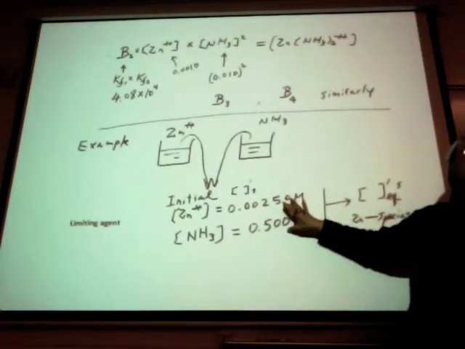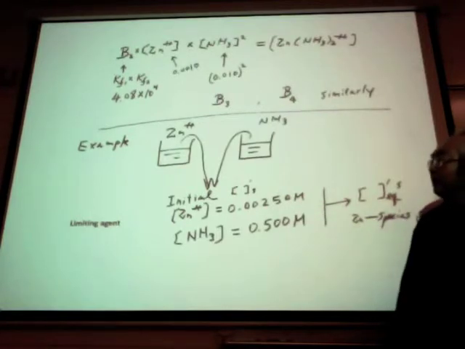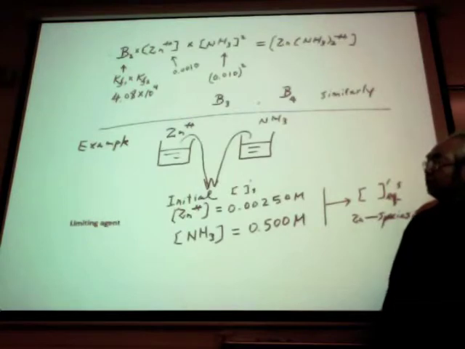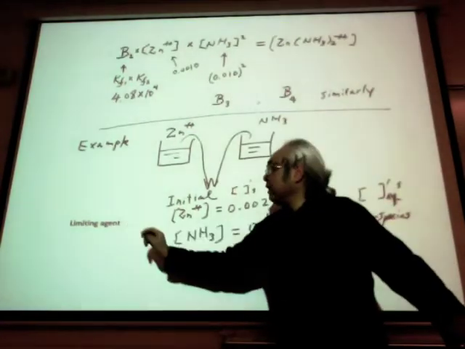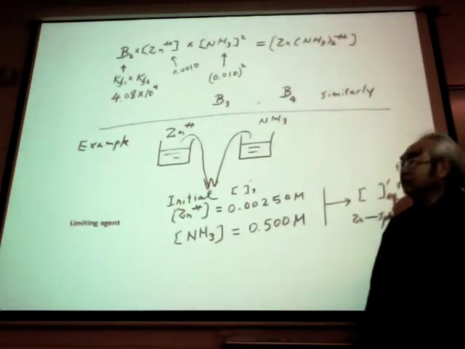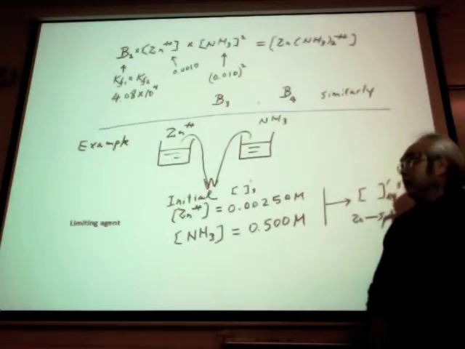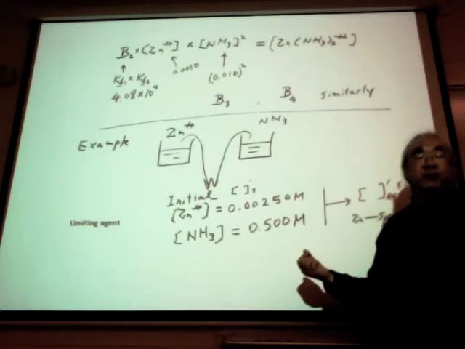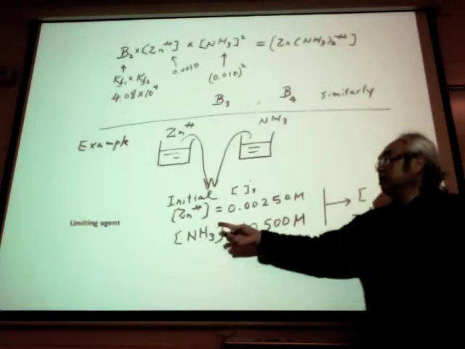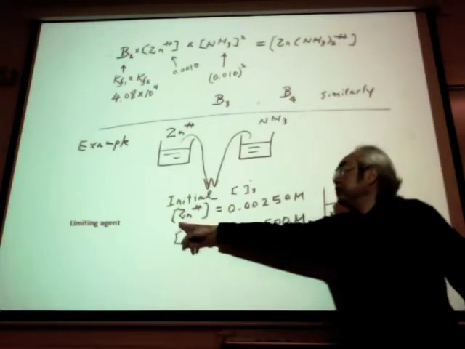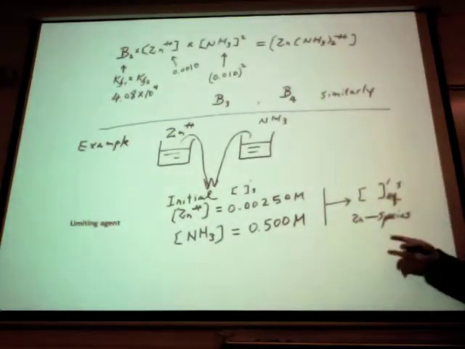This is typical in carrying out an experiment. So here your knowledge is going to be the limiting agent, okay? Because Kf values are huge, they drive to the right. The forward reaction will be favored, so concentration will be based on the limiting agent.